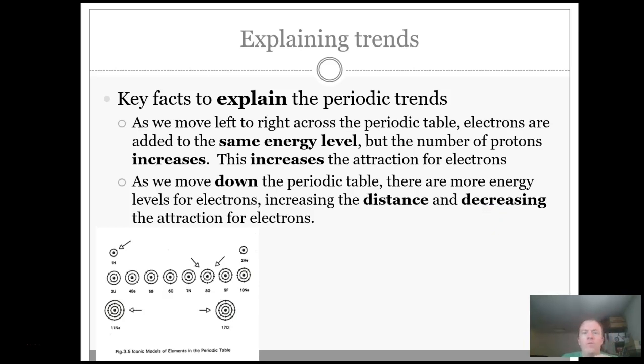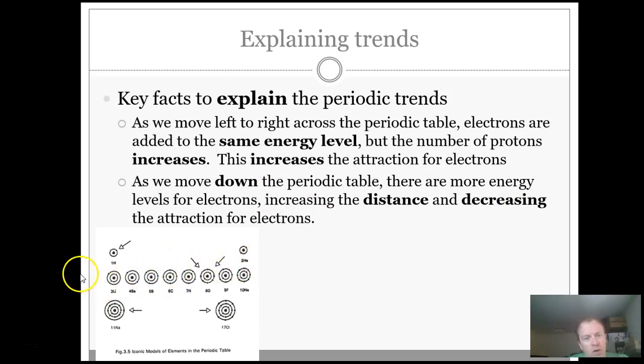Okay, so explaining these trends is something we're going to work on quite a bit. It's difficult for a lot of people, and it's going to come down to this. All these trends work for these reasons, and when we're explaining a periodic trend, these are the things we're going to talk about. The key to what happens when we move left to right is this.